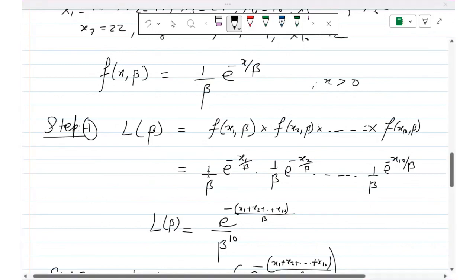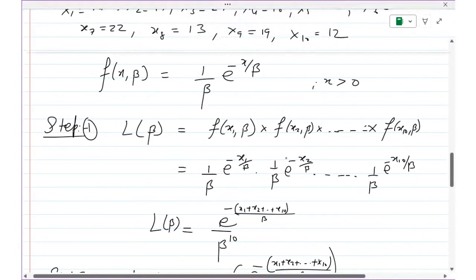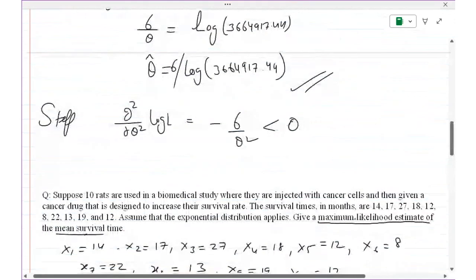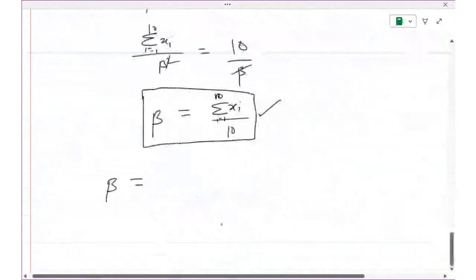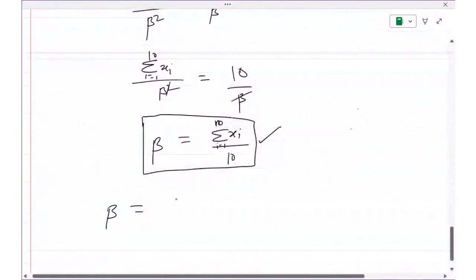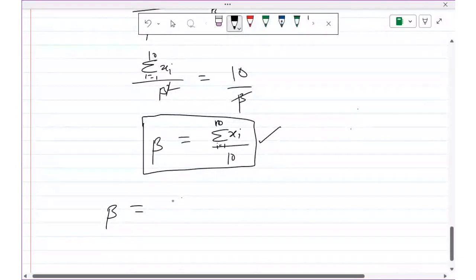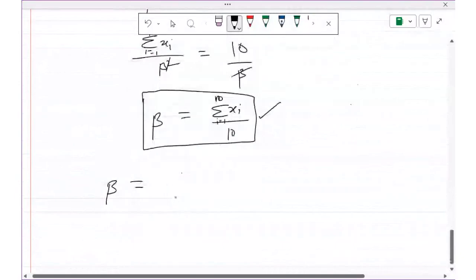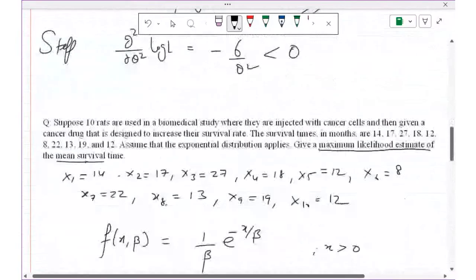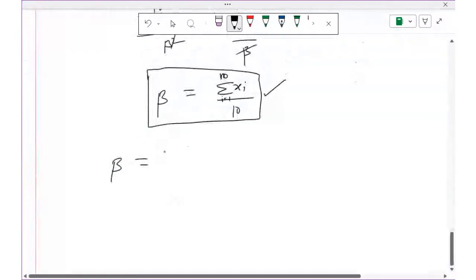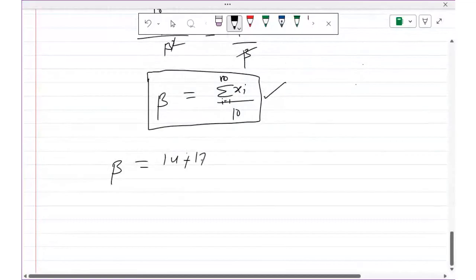Sum of xi is 162. Okay, so I found this, that beta is equal to sum of xi, and the sum of xi values is, let me write these values for the timing, 14 plus 17 plus so on up to 12, divided by 10.